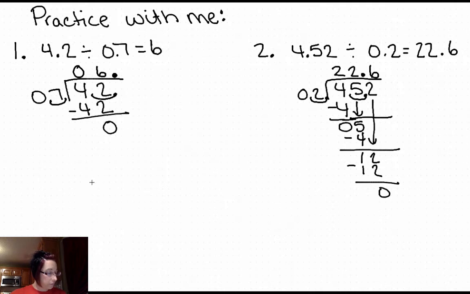Let's look at another one over here. We have 81 thousandths that we are dividing by 9/10.